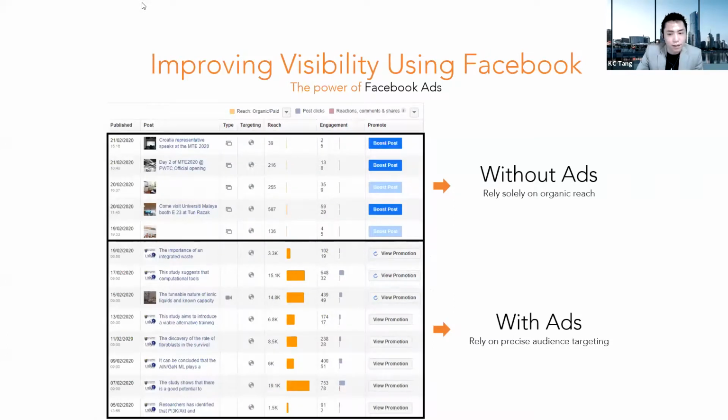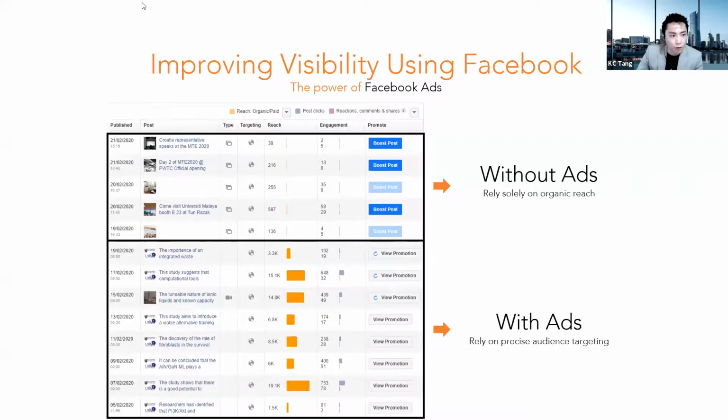So, like I said, everyone uses Facebook, I believe, but one thing we need to take note of is one common myth: that people assume by simply posting content on this platform, the visibility is bound to go up as well.